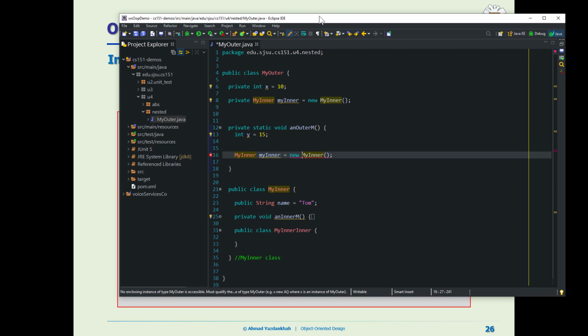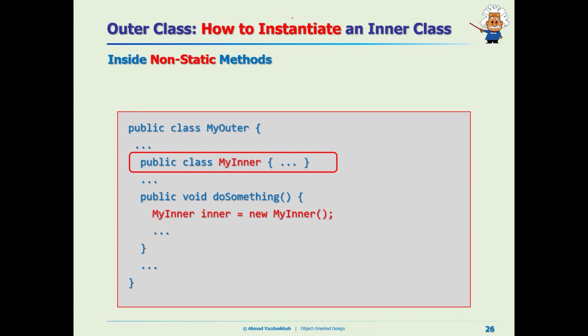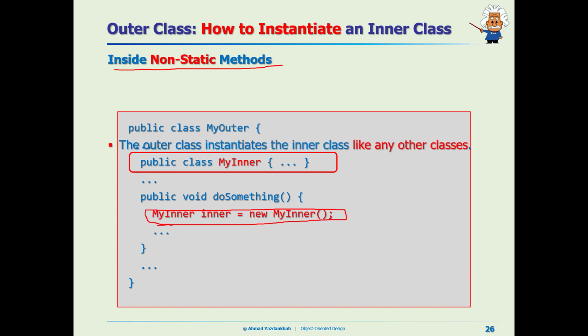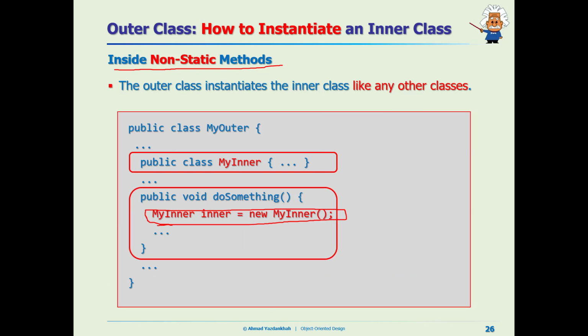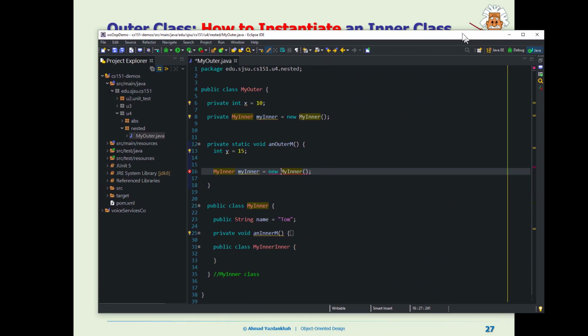Okay, let me summarize what I said. The summary of this slide is that inside a non-static method, you can instantiate regularly, exactly like other classes, right? But if we have a static method, then we need some extra effort.